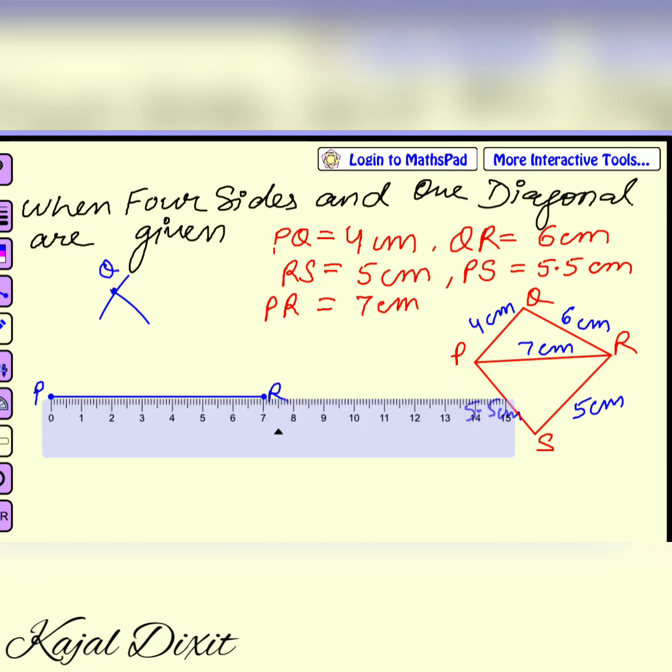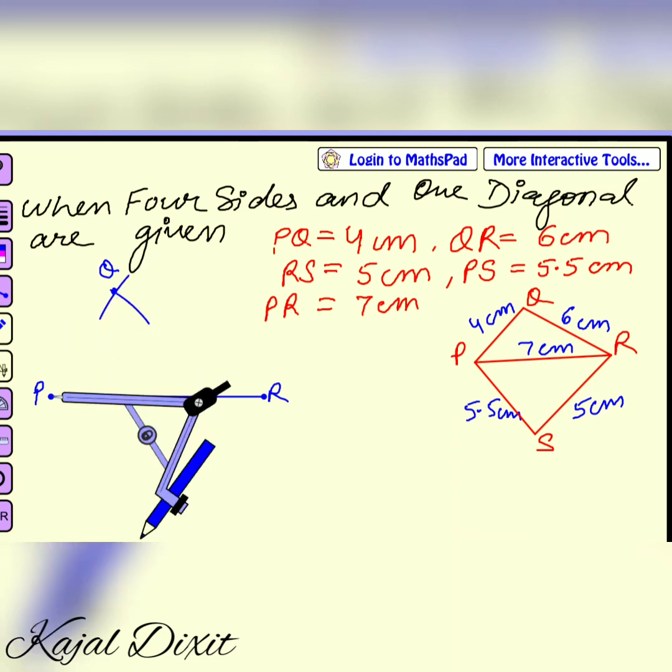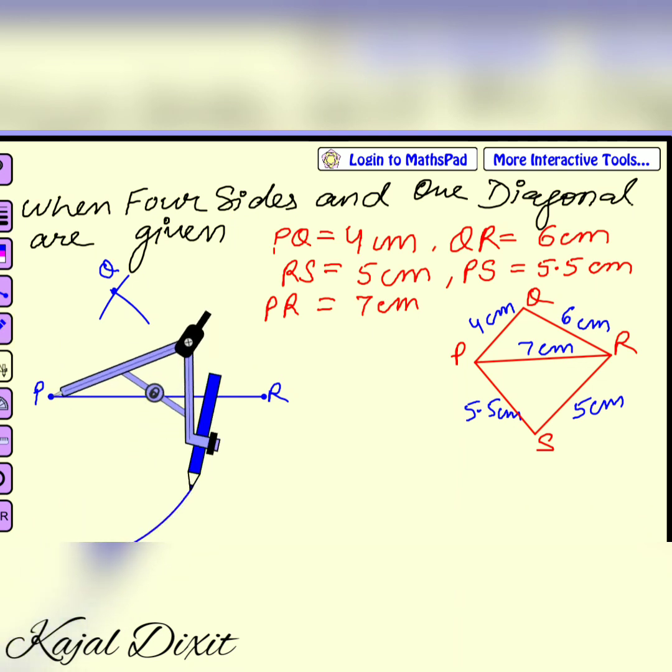Now again I have to take the scale and the compass. This time I have to take the measurement as 5.5 centimeters. Now I am placing the compass at point P and drawing the arc on the reverse side, somewhat like this.